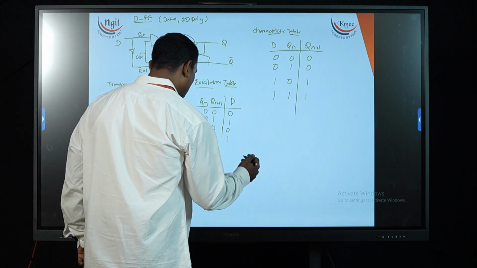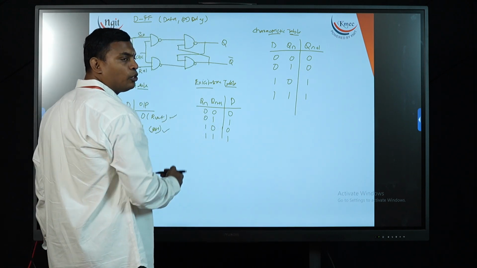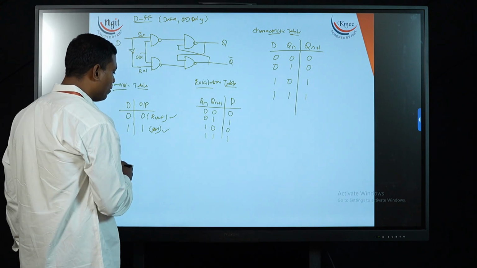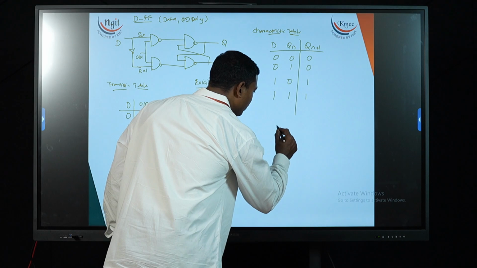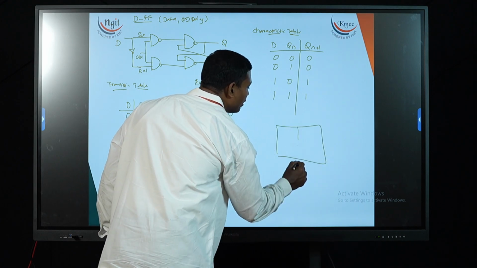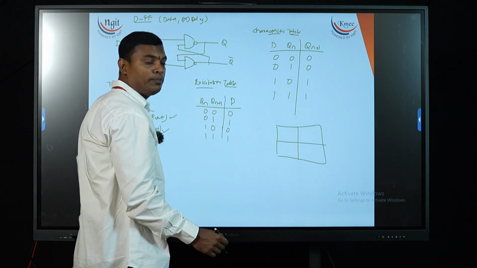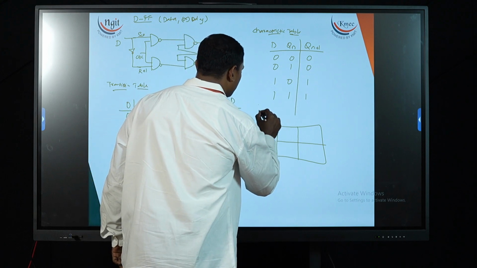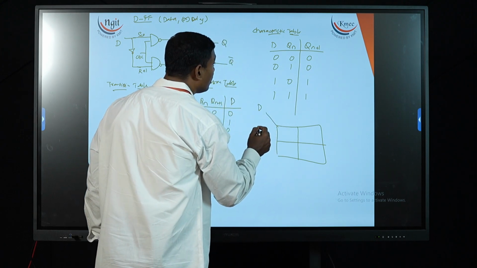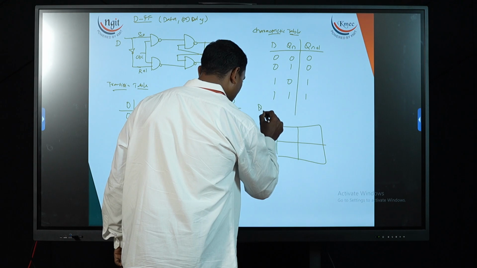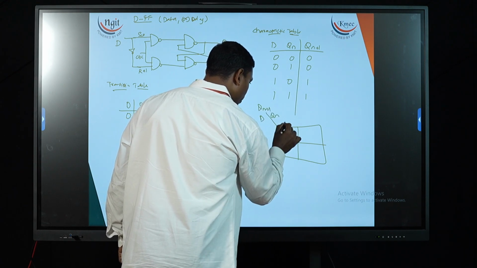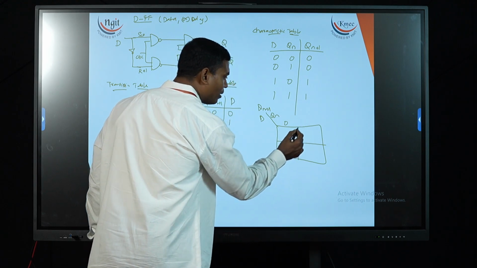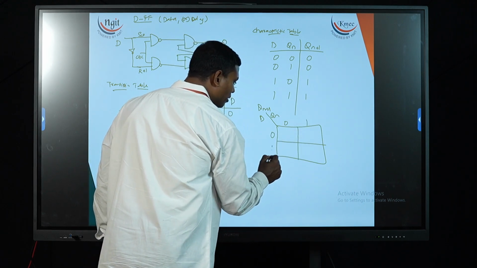Now we need to get the Boolean expression for my D flip-flop also. Let us draw a K-map for this. Using the characteristic table only we are going to draw the K-map. D is my input, Qn plus 1 is my output, and D and Qn are my variables. Qn can take either 0 or 1, D can take either 0 or 1.